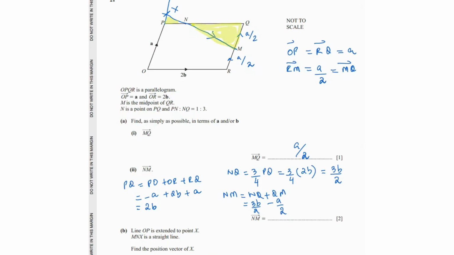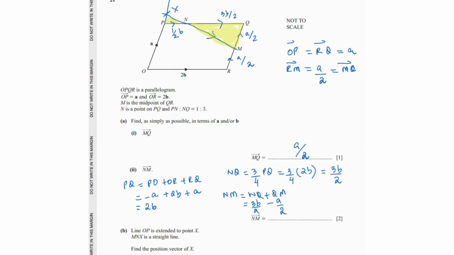Both are similar to each other. So we can say that NQ was 3b over 2. So PN is going to be 1 over 2b.